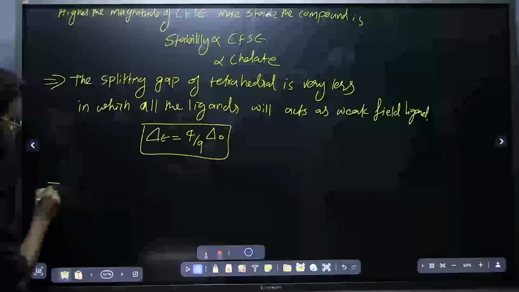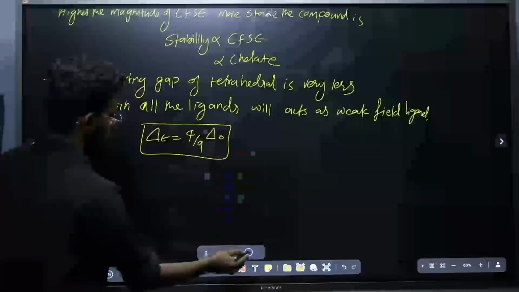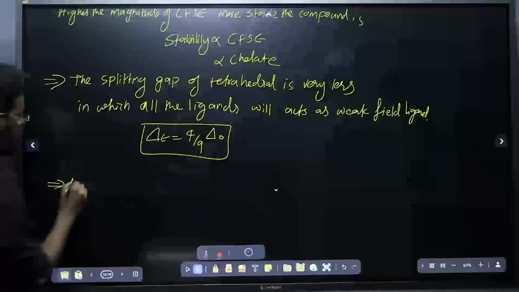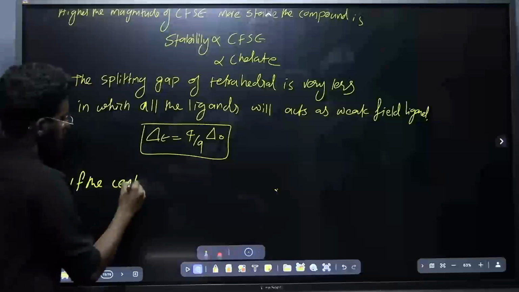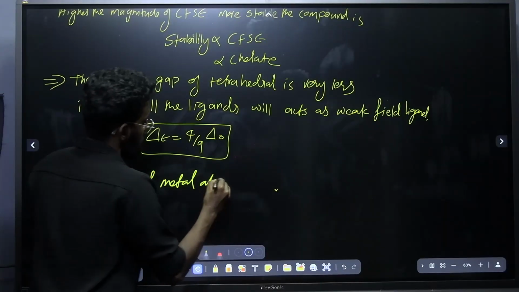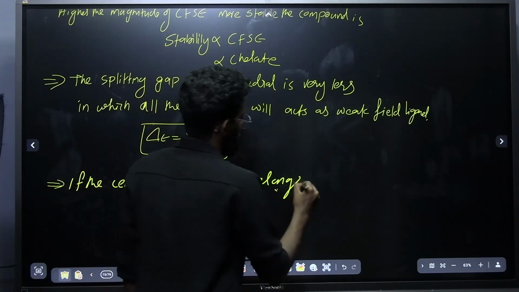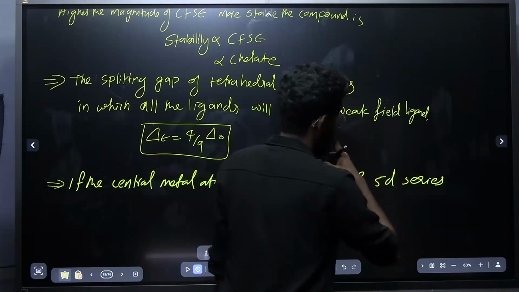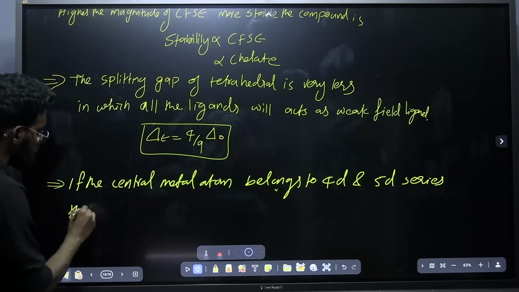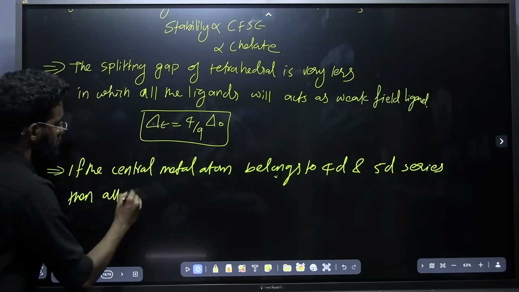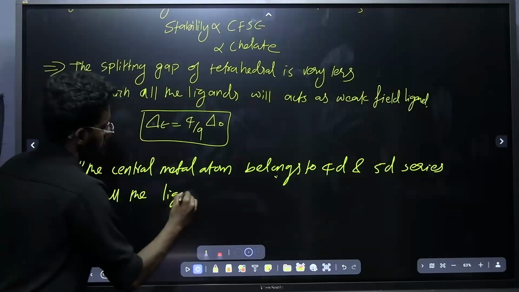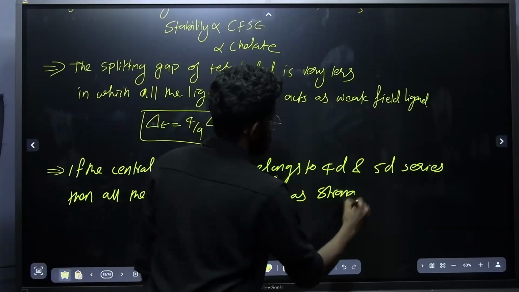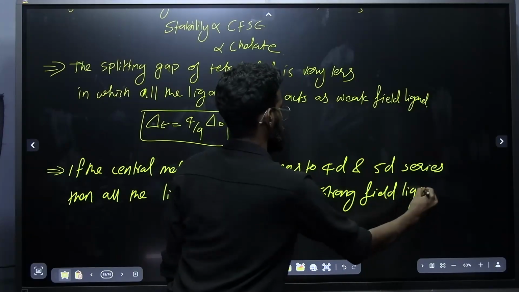Now another point is, if the central metal atom belongs to 4D and 5D series, then all the ligands will act as strong field ligand.